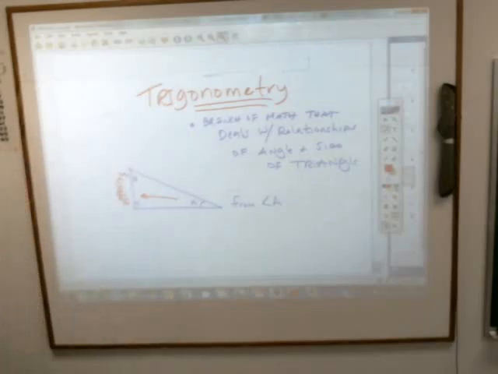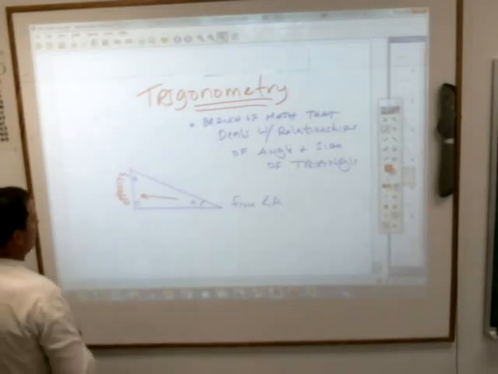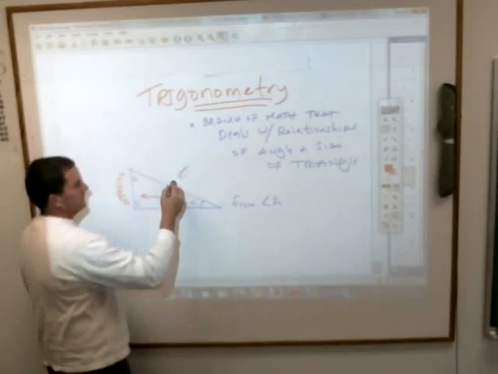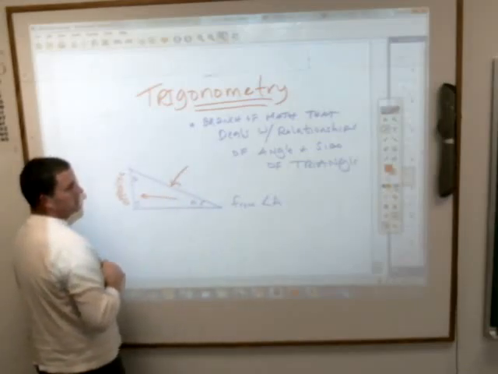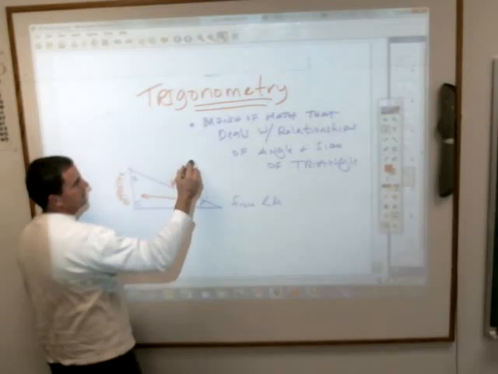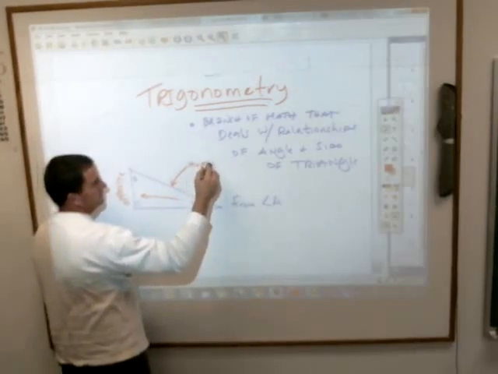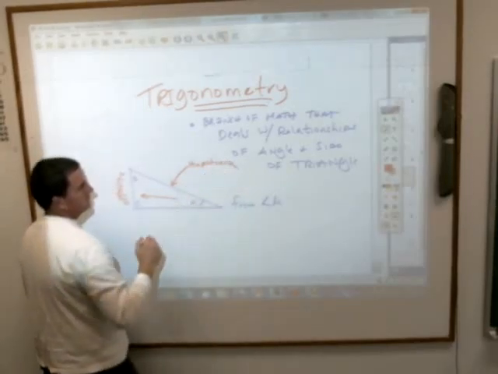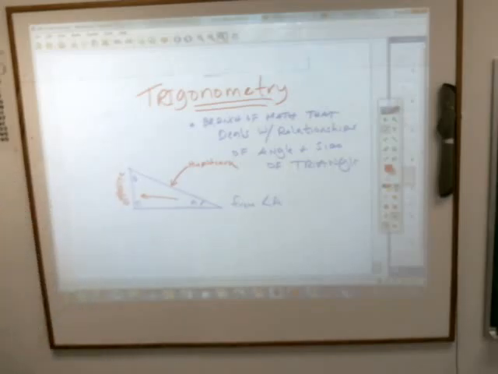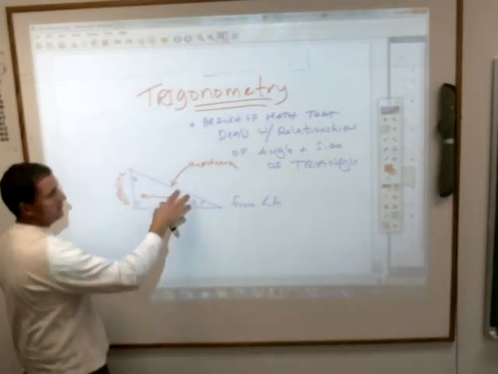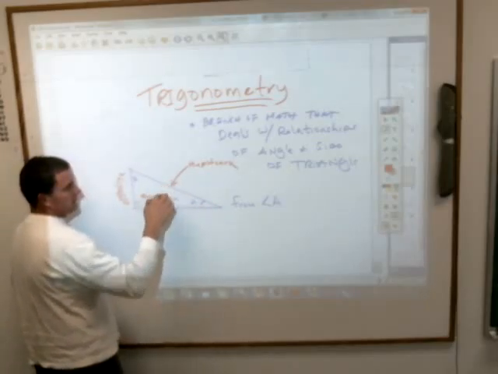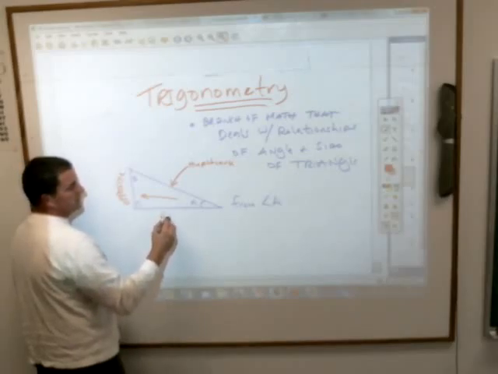The long side, children, is always called the hypotenuse. And the other side that's next to it, that isn't the hypotenuse, is called its adjacent side.